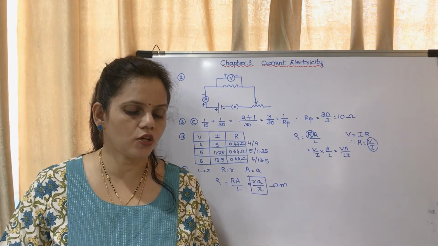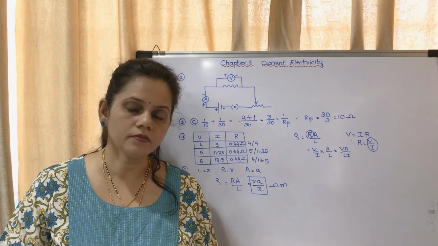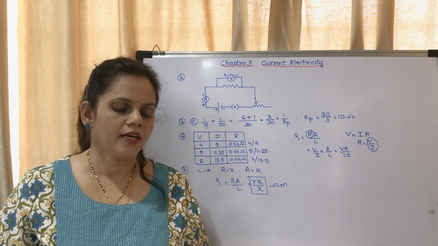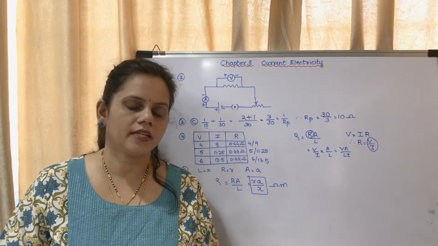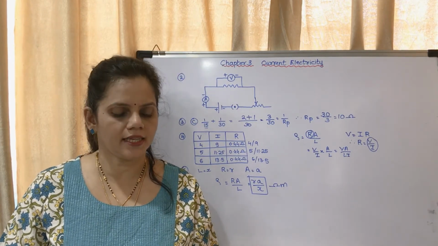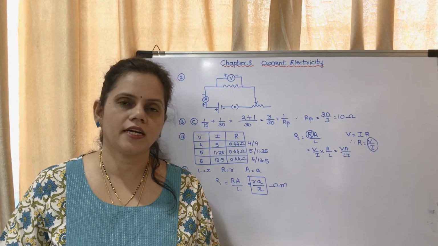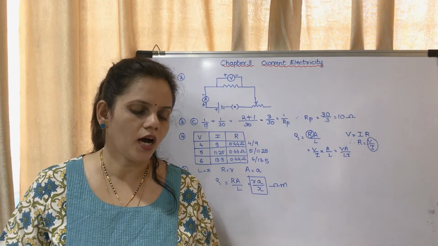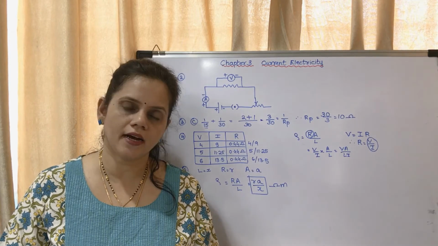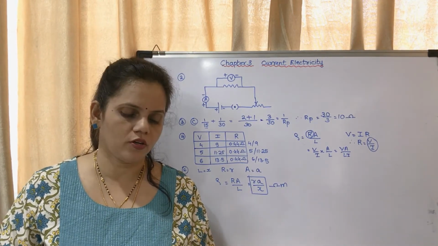If S1 is closed, the current will flow through R2 because that will be complete. If S2 is closed, the current will flow through FG, it won't flow through HI. So, if both S1 and S2 are closed, the current will flow through R1, R2 and R3, but it will not flow through R4. Okay.